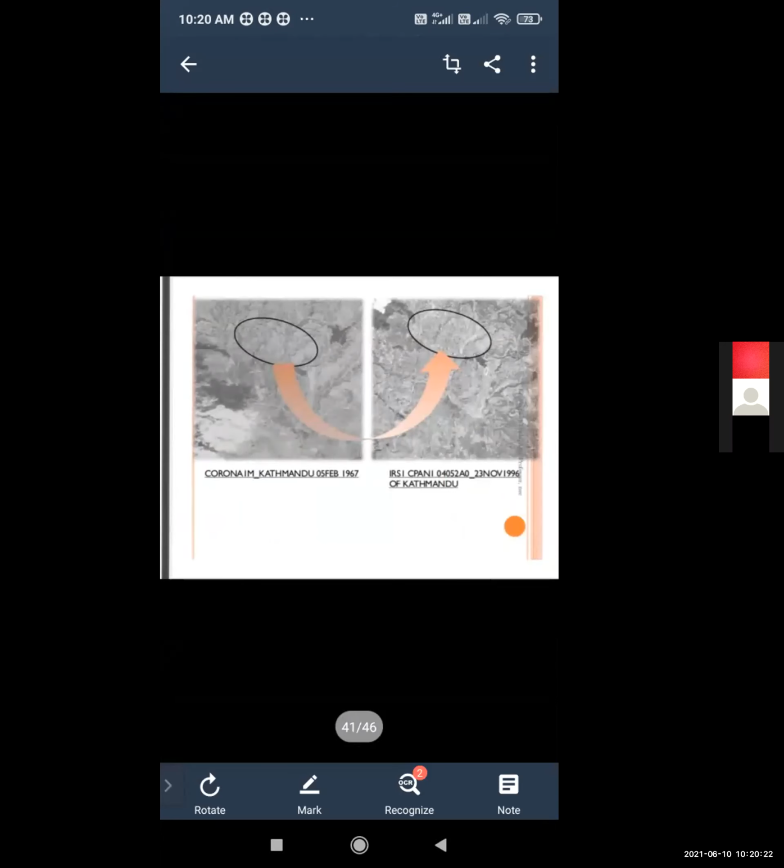This is also an image of different types of land. So this is an image of Kathmandu.